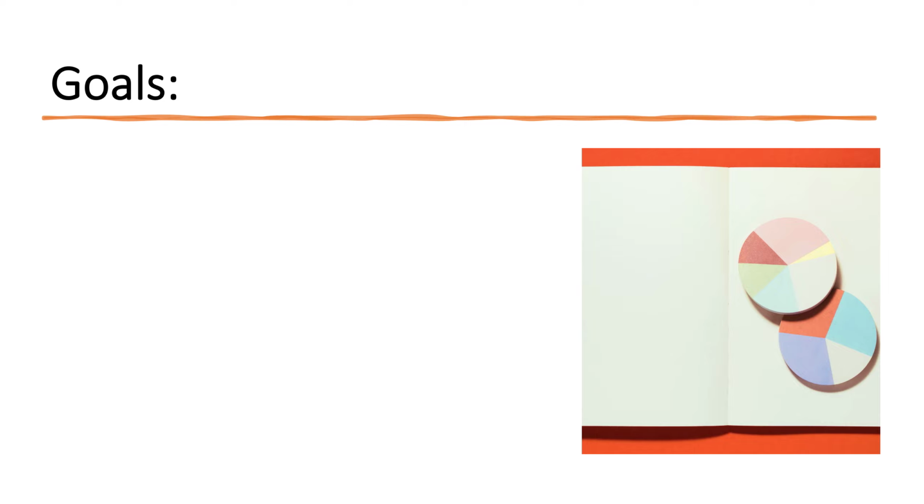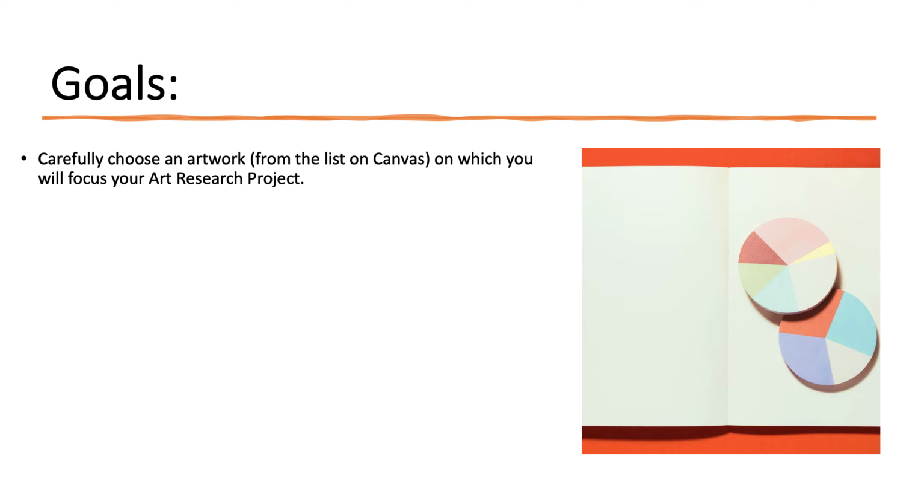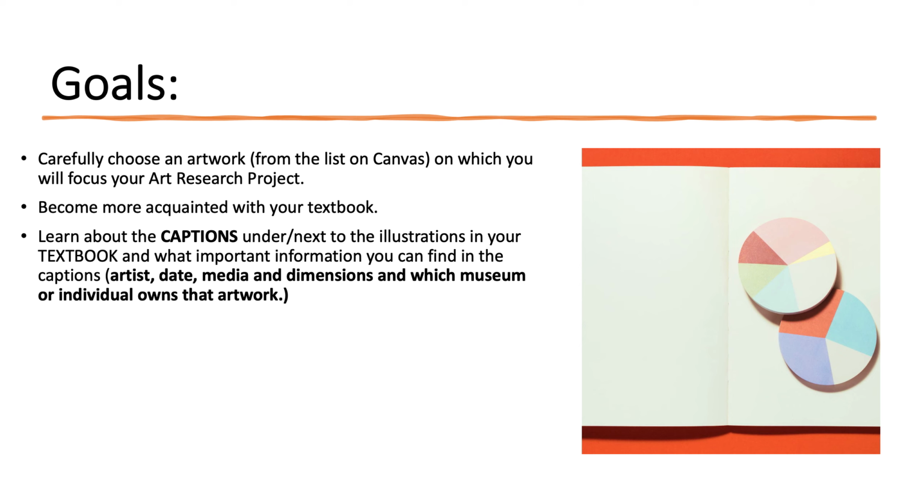All right, so the goals for this assignment. Carefully choose an artwork from the list on Canvas on which you will focus your art research project. Become more acquainted with your textbook. Learn about the captions, which are either under or next to the illustrations in your textbook, and what important information you can find in the captions.